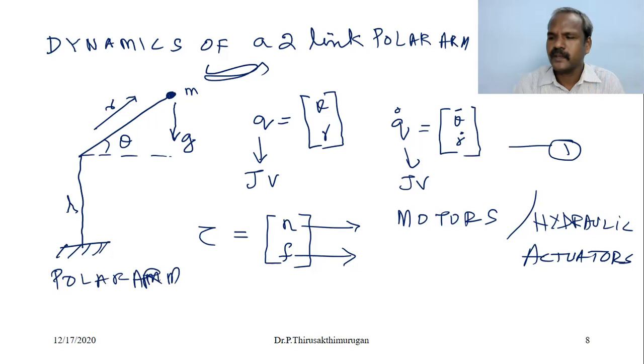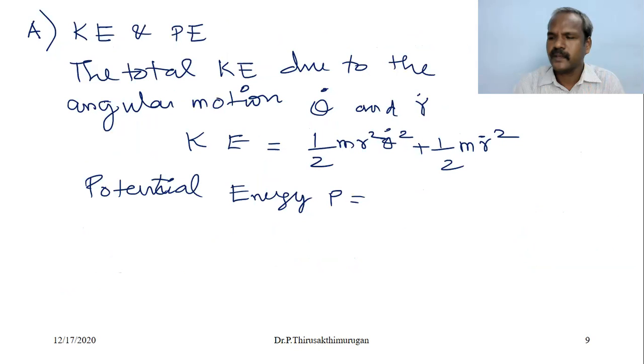From this polar arm, the potential energy P is equal to m g r sin theta, whereas for a planar arm at a height h, P equals m g h.